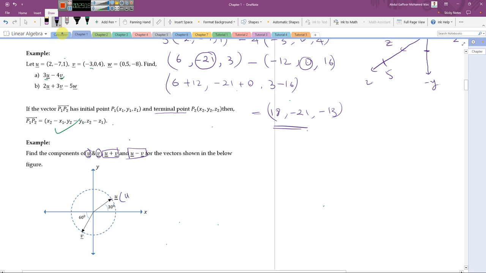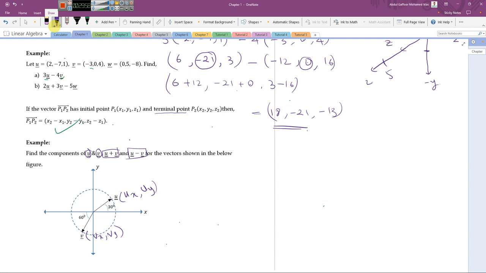The components are, let's say, ux and uy, and then let's say this is vx comma vy. We have to find what ux and uy are and what vx and vy are.